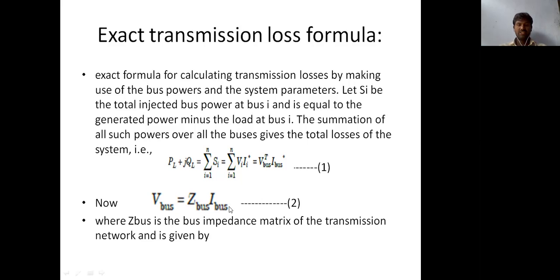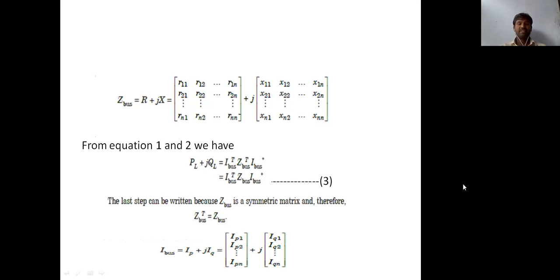We substitute this second equation into the first equation, where Z bus is the bus impedance matrix of the transmission network, given by Z bus equal to R bus plus jX bus, the combination of resistance and reactance. R is the resistance matrix with entries R11, R12 up to R1n, R21, R22 up to R2n, and so on up to Rn1, Rn2, Rnn. Similarly, the complex part X is the reactance matrix with entries x11, x12, x1n, x21 and so on.